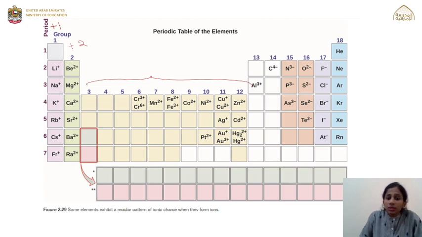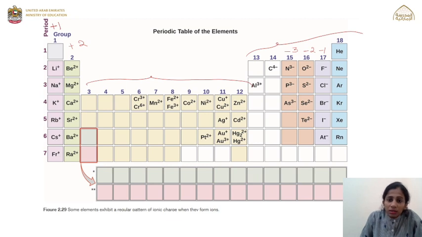Okay. Now, if you go to this part, that is from group 13 to group 17, which comes under the P block, you can see that 17th group will have -1 charge, 16th group will have -2 charge, 15th group will have -3.